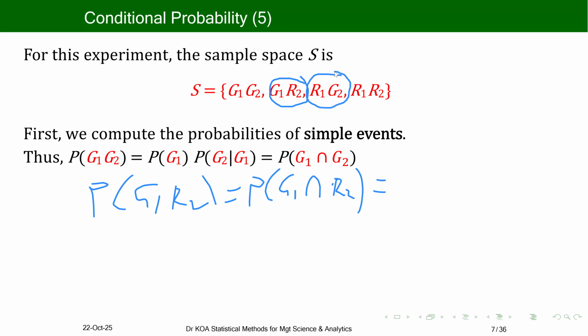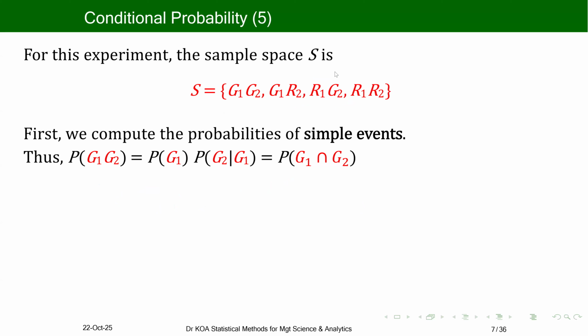The probability of R1 intersection G2 is equal to the probability of R1 times the probability of G2 given R1. Good. That's correct.